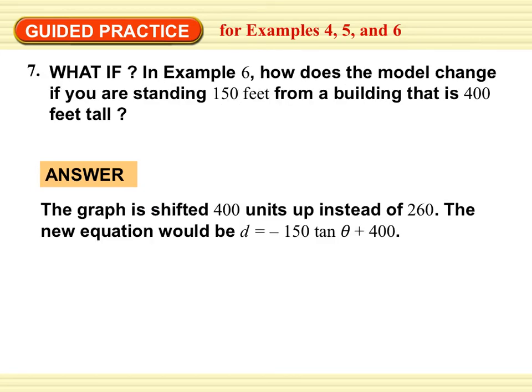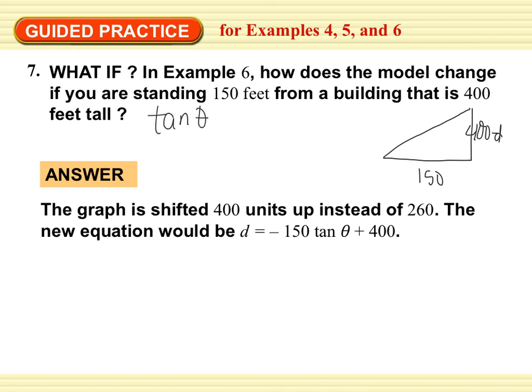What if, in example 6, how does the model change if you are standing 150 feet from a building that is 400 feet tall? If I go back and look at that example, this is 150, and this would be 400 minus d.